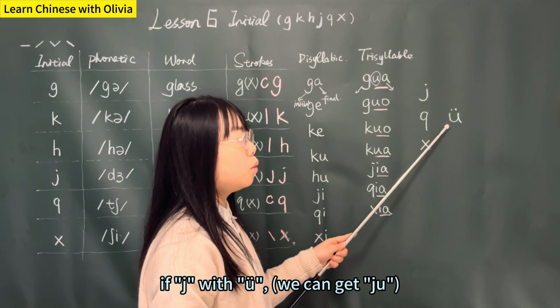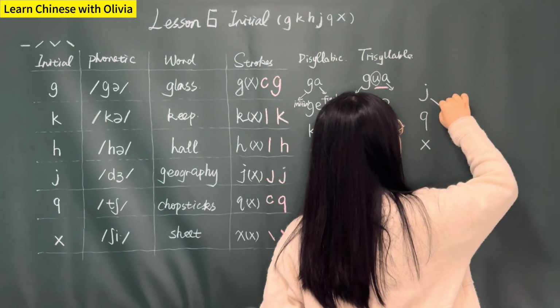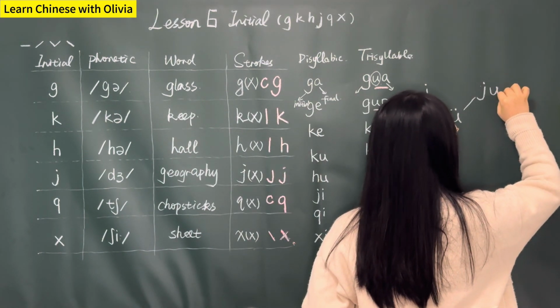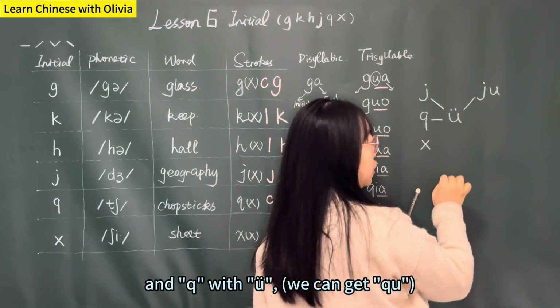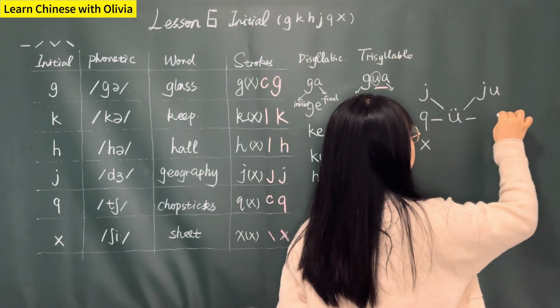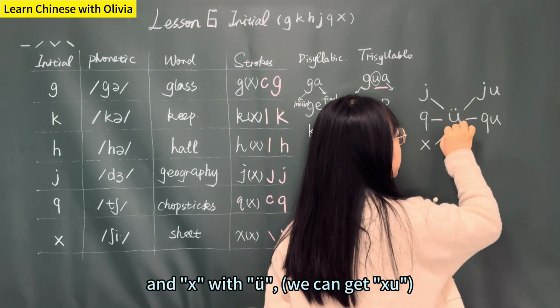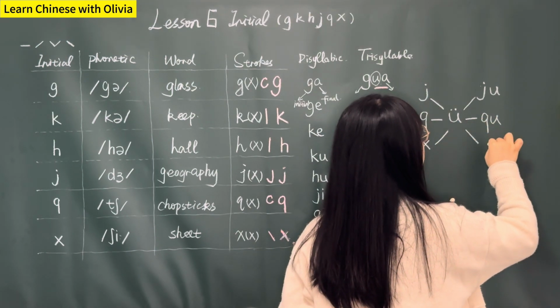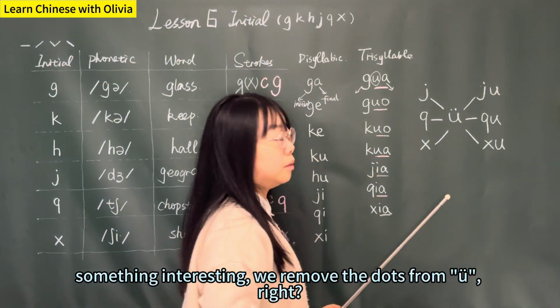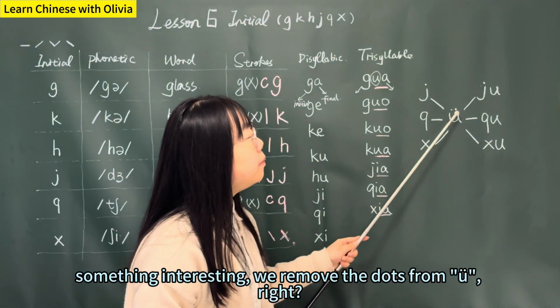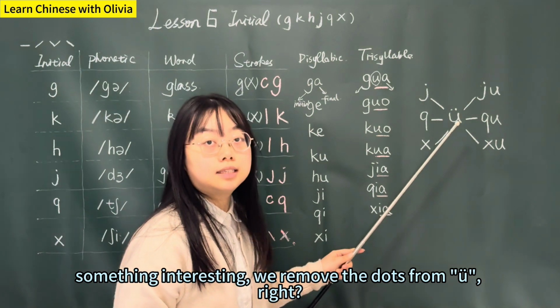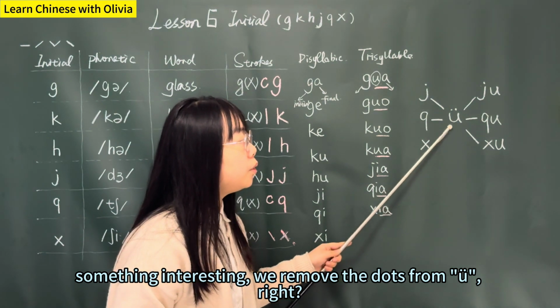If ji with yu and qi with yu and xi with yu, something interesting, we remove the dots from yu, right?